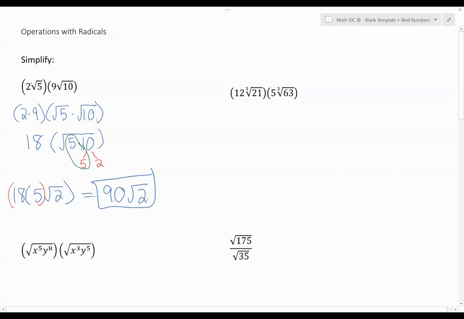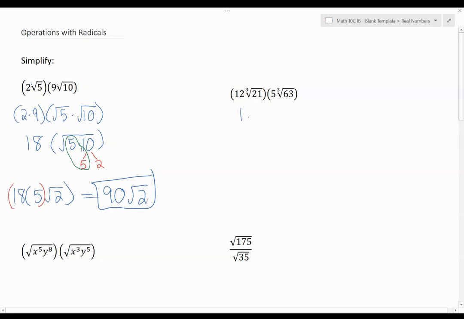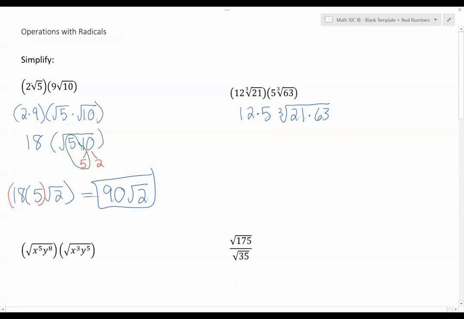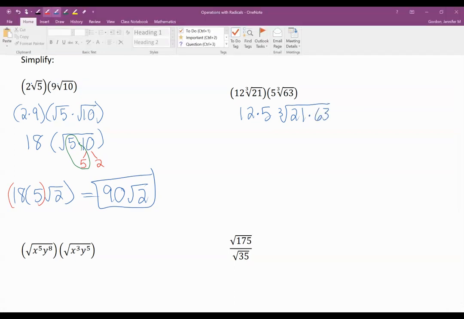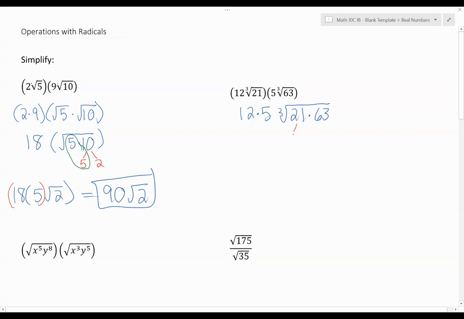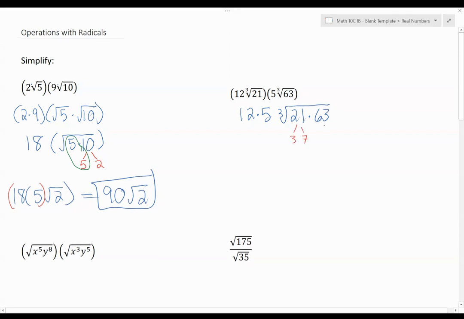I'm going to first look at this as 12 times 5, and then the cubed root of 21 times 63. Again, I'm not going to do that multiplication because I'm going to consider the factors here. This is 3 times 7. 63 is 7 times 9, which is 3 times 3, perfect square.